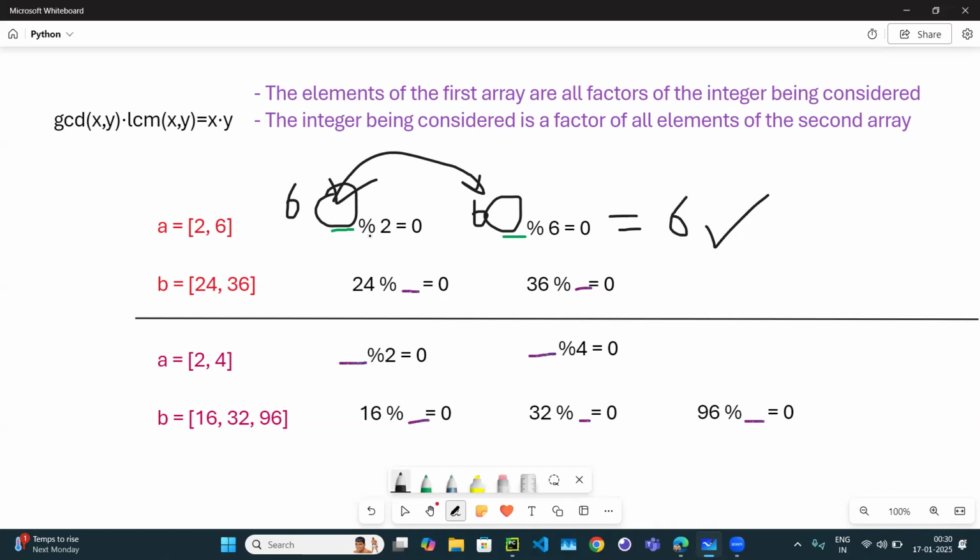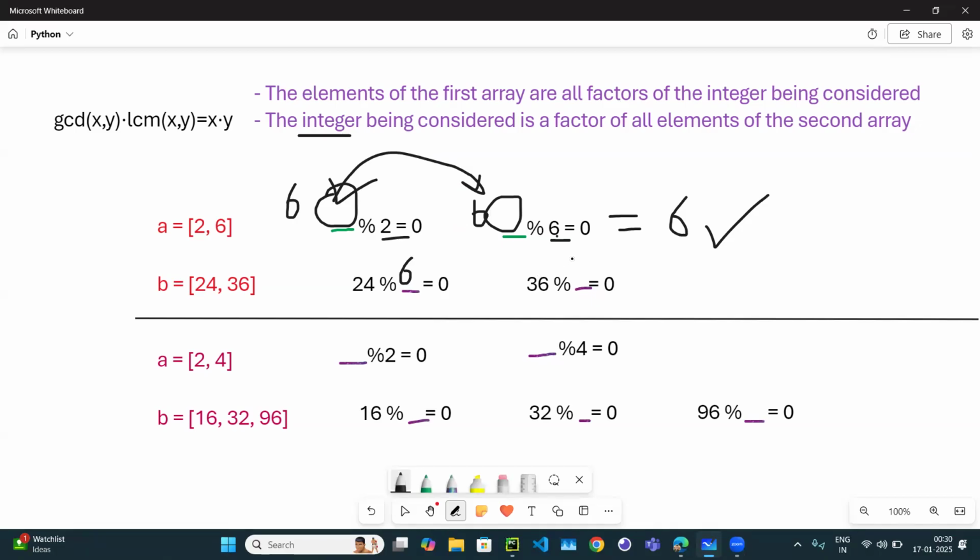In the second condition, we need to check that the integer which we found is a factor of the elements of the second array. So it means the elements should be divisible by that integer.